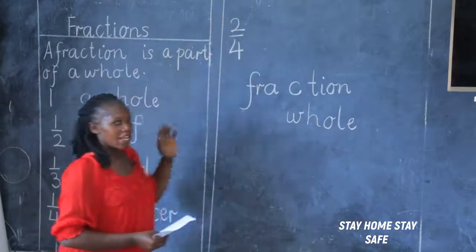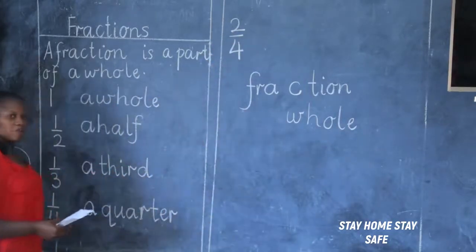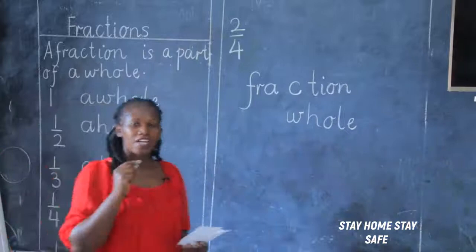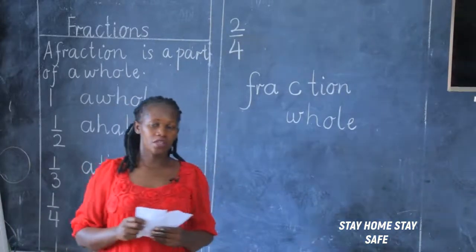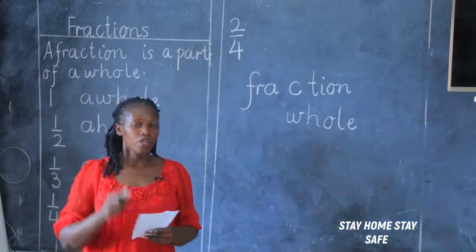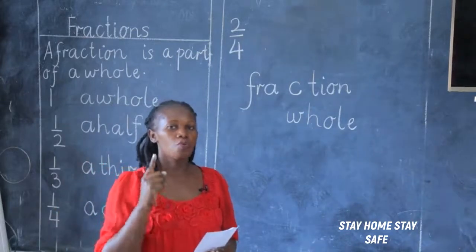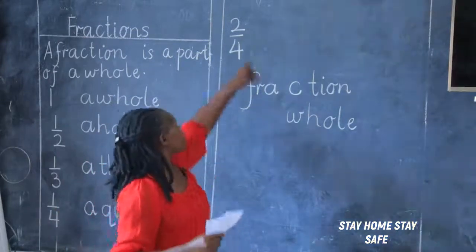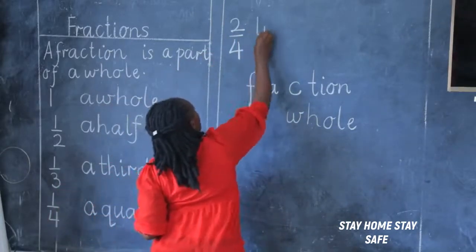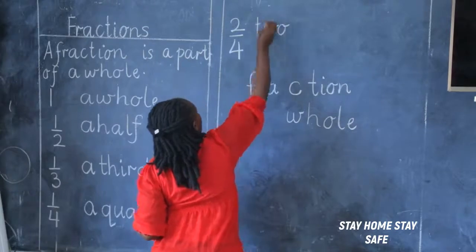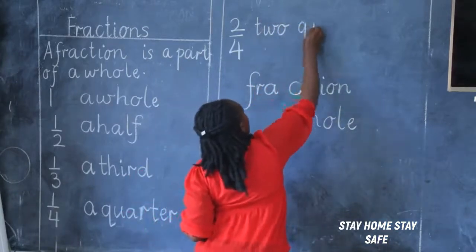Here it was a quarter because the article a is used on one object. You remember that the teacher of English taught you that? A refers to one object, but now I've given out 2. So these ones are called 2 quarters.